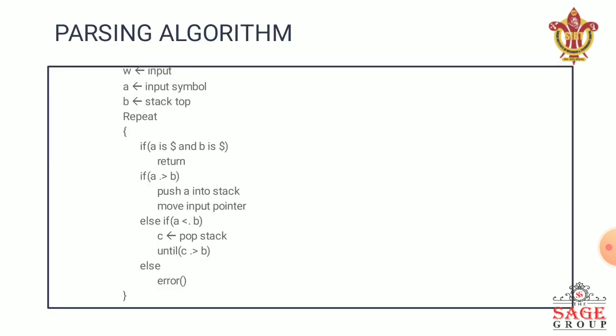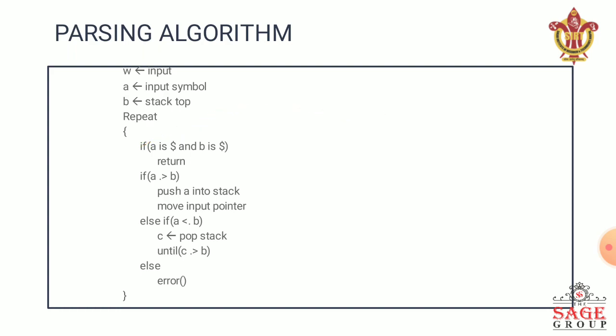The operator precedence parsing algorithm looks like this, where w is the input string, in which we check a as the current input symbol and b as the stack top. So we use a repeat until loop.